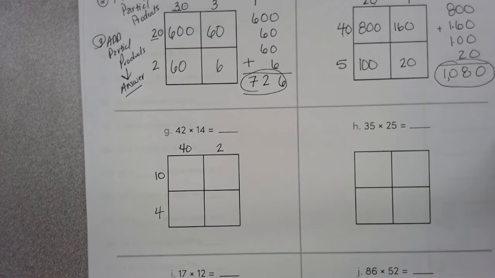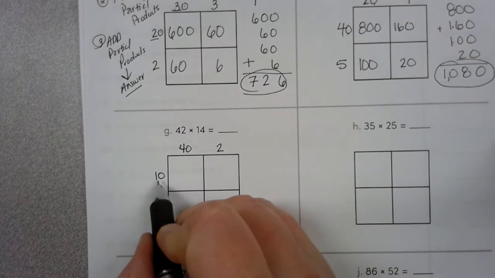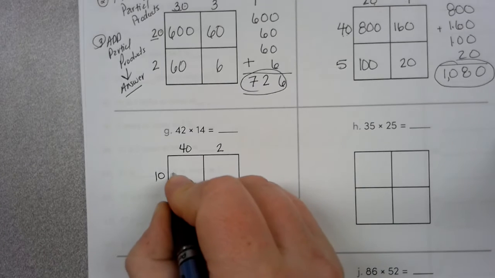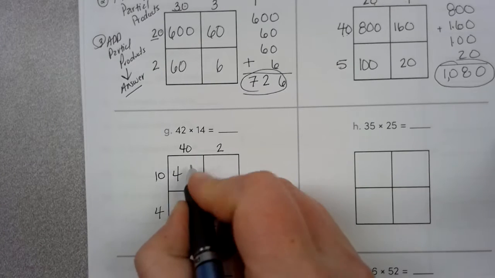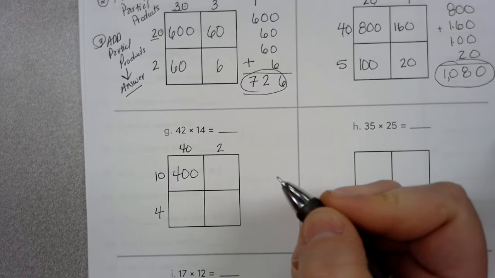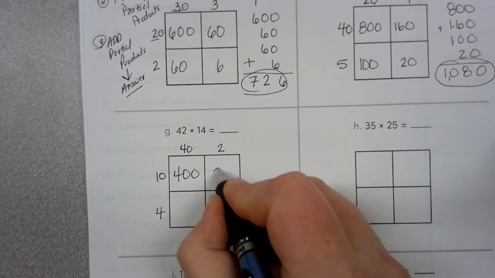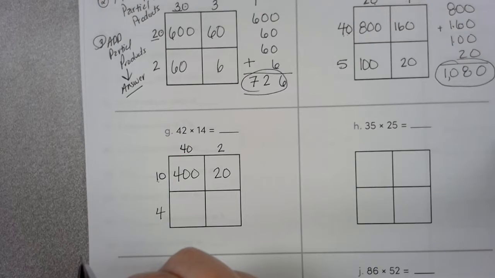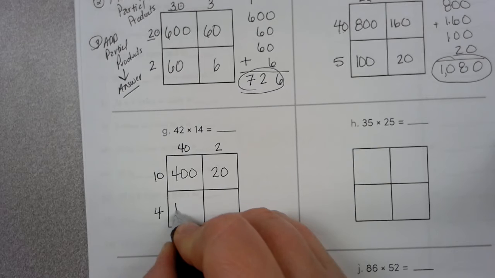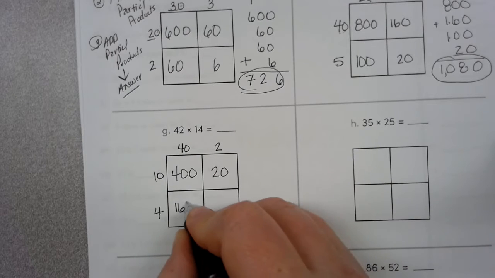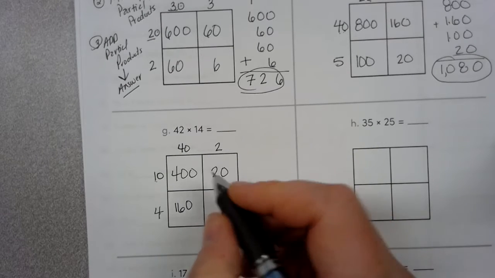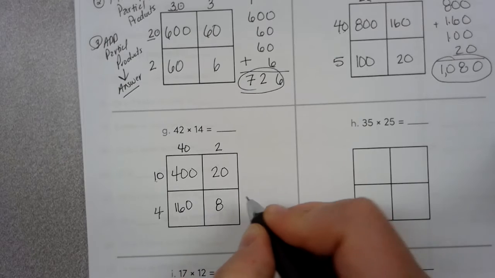So what we're going to do is we're going to multiply. 1 times 4 is 4, with 2 zeros. 10 times 2 is 20. Okay. 4 times 4 is 16, and 1 zero. 4 times 2 is 8.